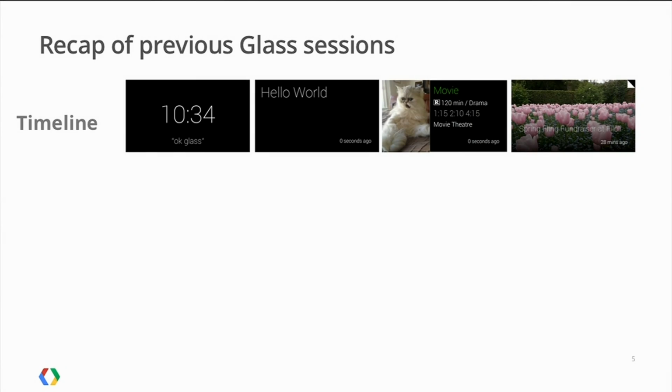When the screen is woken up, the first screen that you see is the clock screen. To its right, you have past event timeline item cards that are generated when you take a photo or record a video or even receive an email. And to its left are your future event cards, such as now cards and navigation directions.